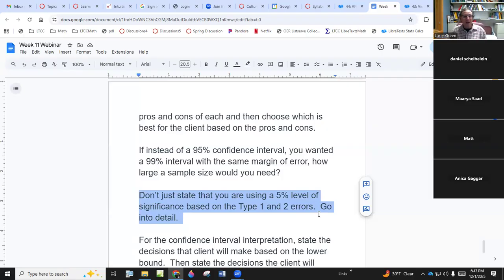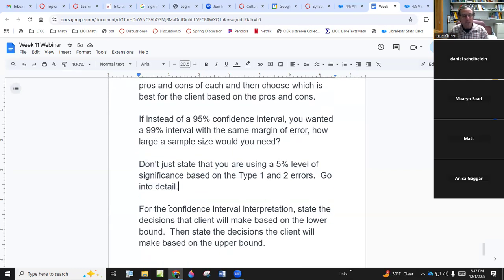Okay? When you interpret the confidence interval, after you've decided whether you're using a 90, 95%, or a 99%, state the decisions the client will make based on the lower bound, and why. Then state the decisions the client will make based on the upper bound. They could be different decisions because the bounds might be far from each other.